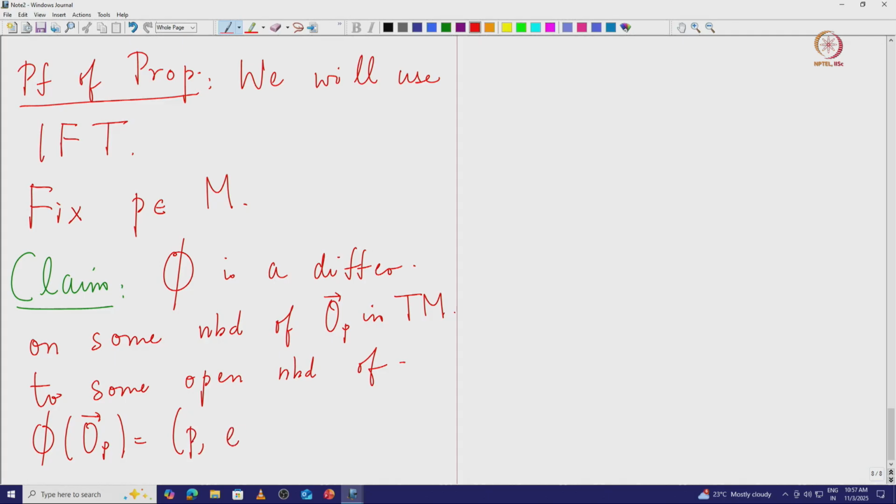That is just going to be p times the exponential map applied to 0_p, but the exponential map applied to 0_p is just p. You just take the constant geodesic. So I have to show that phi is a diffeomorphism on some open neighborhood of 0_p in the tangent bundle to some open neighborhood of this in the product. Okay, that is what I have to prove.